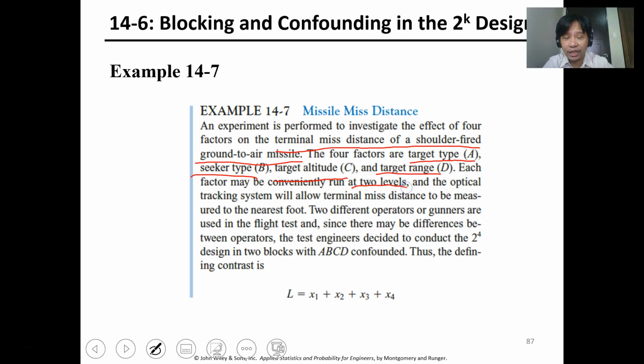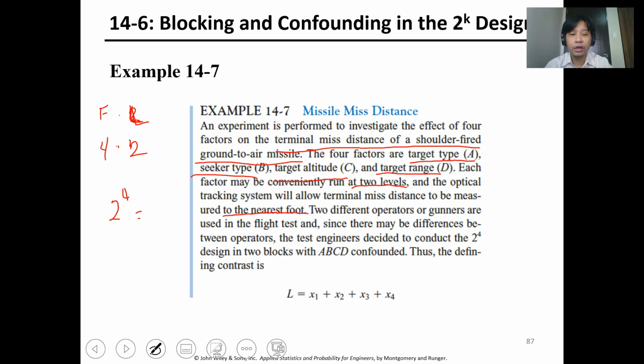So 4 factors with 2 levels each, that's 2 raised to 4. The test will allow terminal missile distance to be measured to the nearest foot.